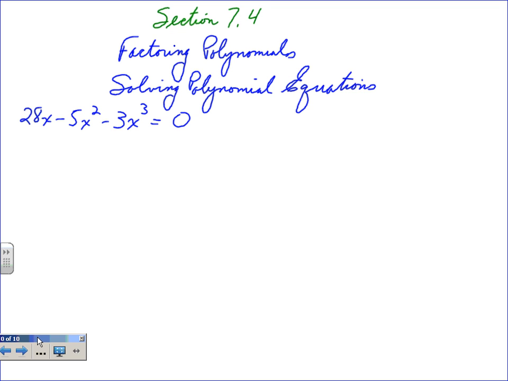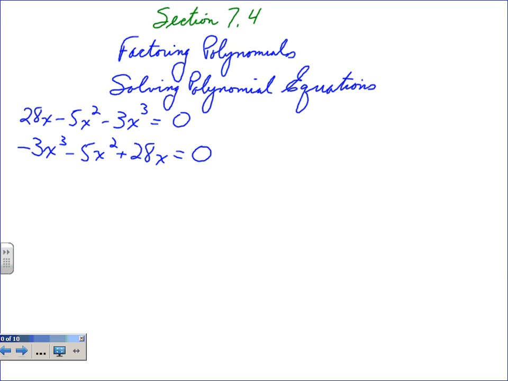If you want to factor, you want to reorder all of these in descending order. Put it in standard form. So negative 3x cubed minus 5x squared plus 28x. All right.